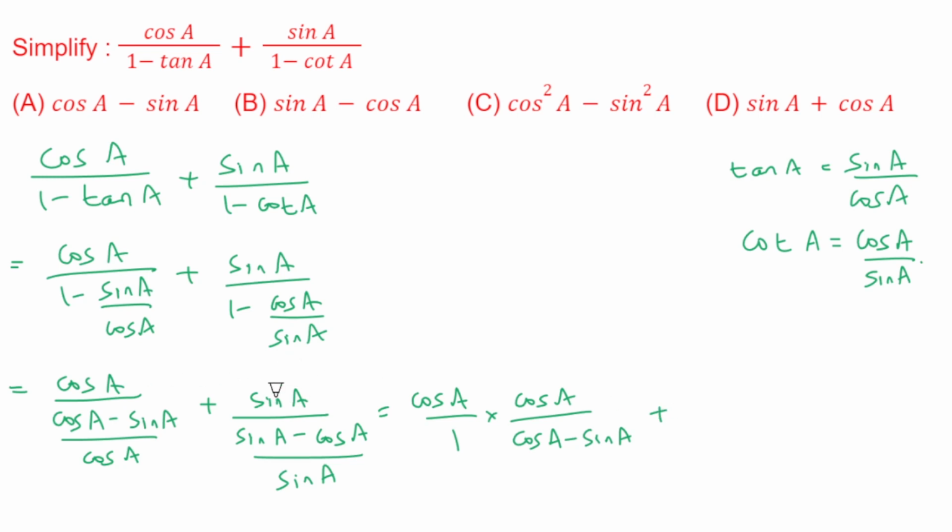Plus, here the numerator is sin A as it is given in the question. So sin A over 1 times the reciprocal of the denominator, sin A minus cos A over sin A, is sin A over sin A minus cos A. So what happens next? The numerator of the first term is cos A times cos A, which means cos square A. Let me write it on the next page.